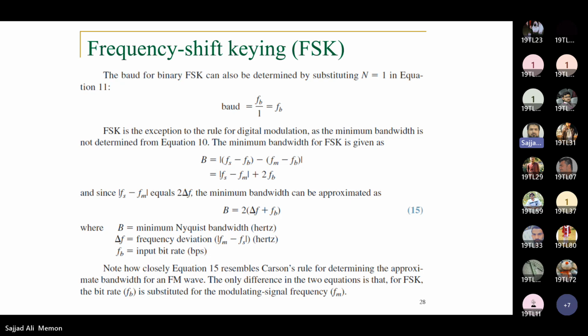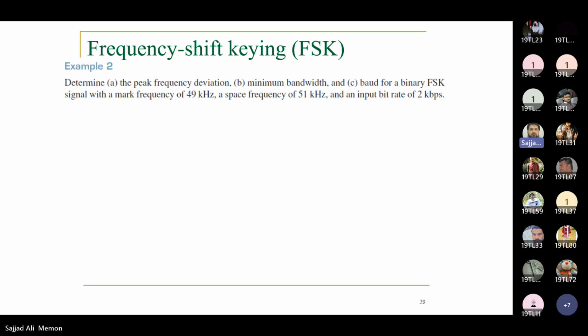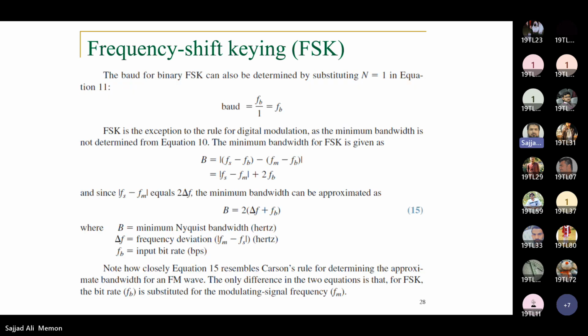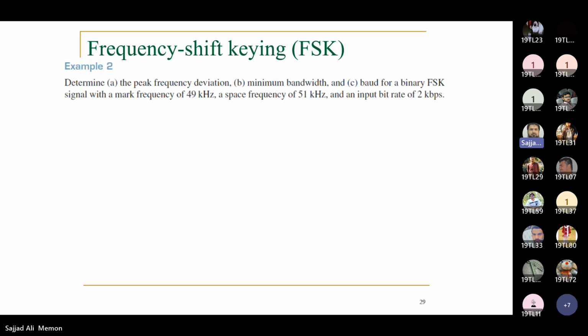Frequency modulation you might have learned in the communication system subject, where you learn how to calculate the bandwidth of the frequency modulated signal, because there it has practically infinite number of sidebands. So how many sidebands do you have to consider when calculating the bandwidth? The same is here: you can apply Carson's rule, this expression of equation 15, to calculate the bandwidth of an FSK modulated signal.